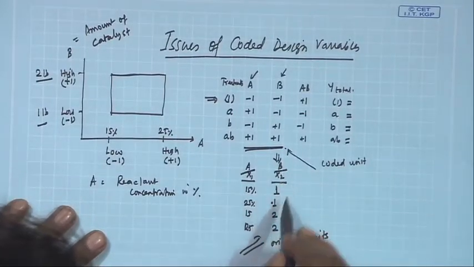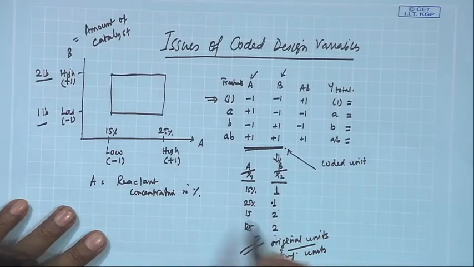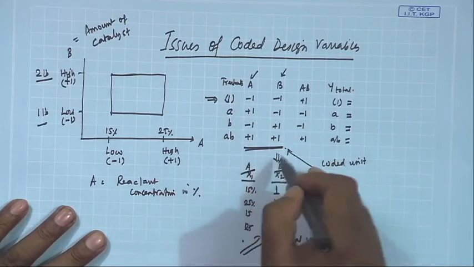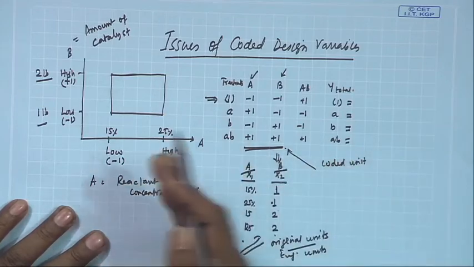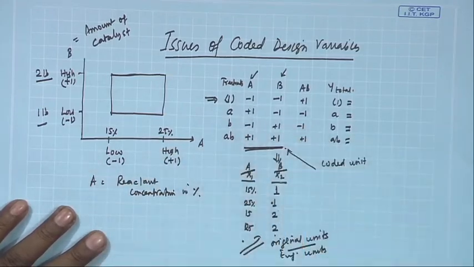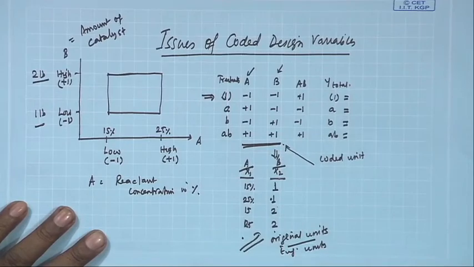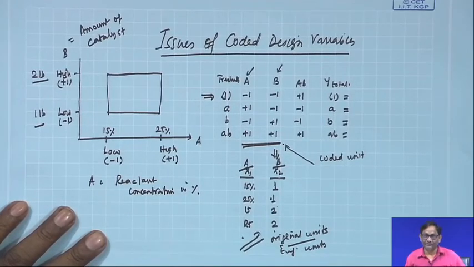Suppose for B it is 1 and 2 and for A it is 15 and 25%, but here it has been transformed to -1 and +1 and has become unitless.